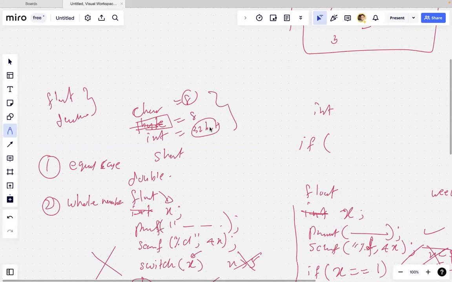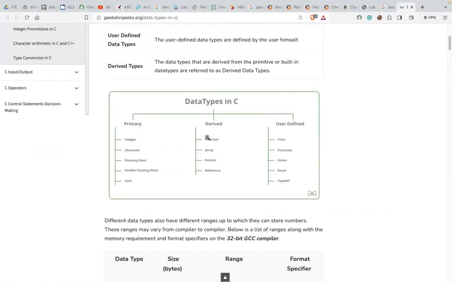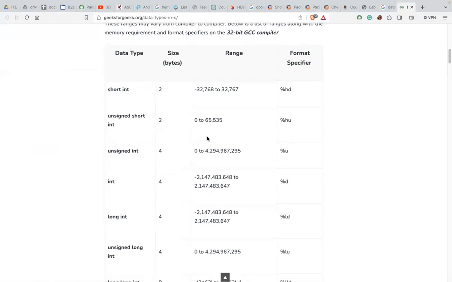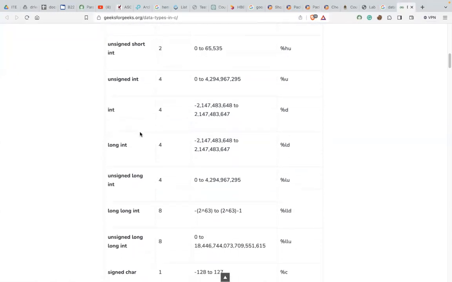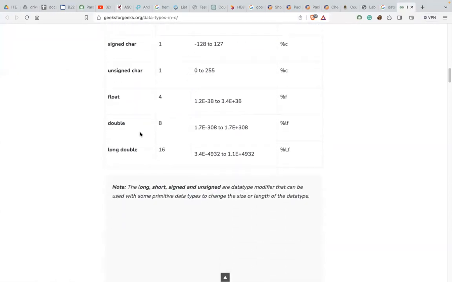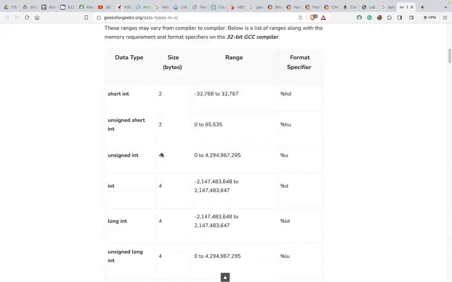Okay. I referred to the website, and we have short int, unsigned int, and long. Those are the data types available. However, for floating point values, we have double with 8 bytes, and another one, long double, with 16 bytes.